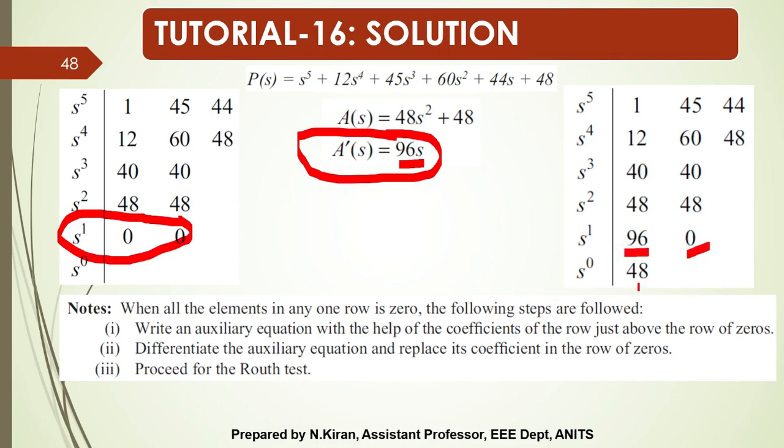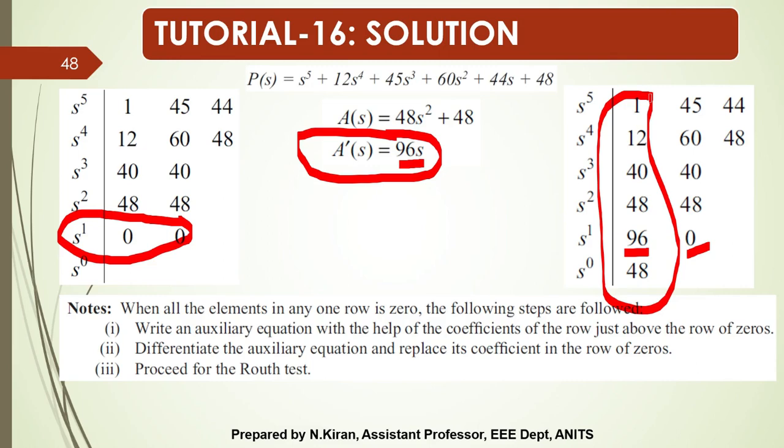So here I can observe that the first column has no sign changes, isn't it? But one should remember, even though there are no sign changes in this tutorial, one cannot be sure whether the given polynomial is Hurwitz or not.